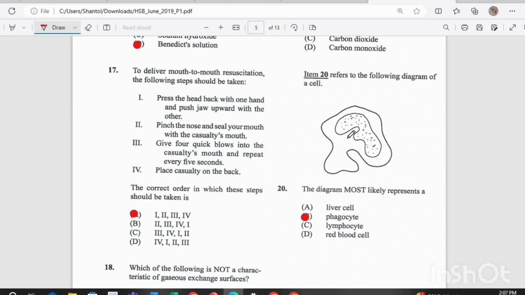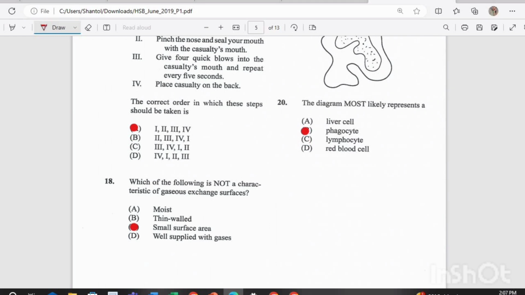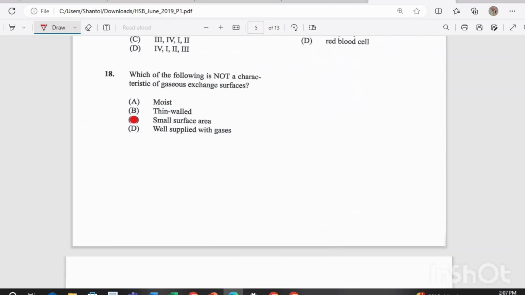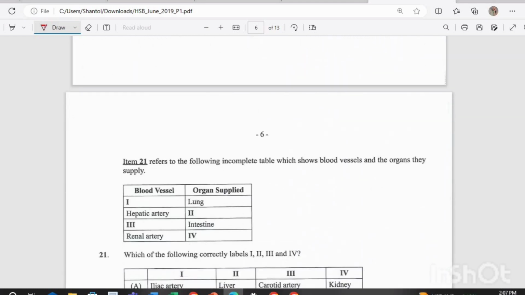And the reason for this is the shape of the nucleus and also the shape of the cell. The phagocyte is going to swallow up the pathogen, whether it be the bacteria or the virus, so it has this shape right here. A lymphocyte would have a more round shape with a round nucleus.